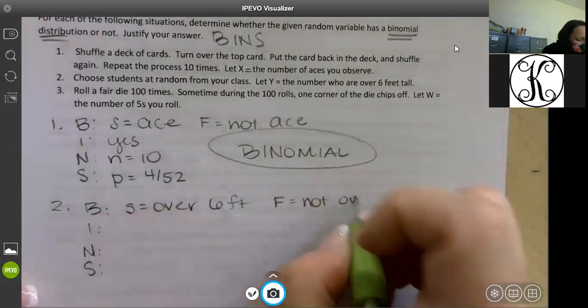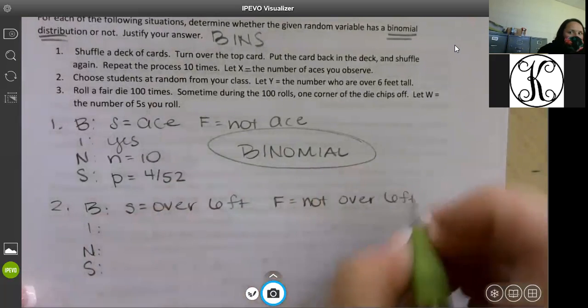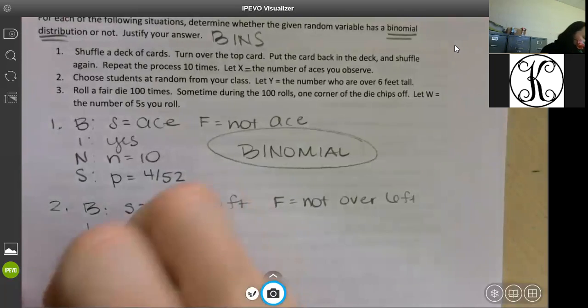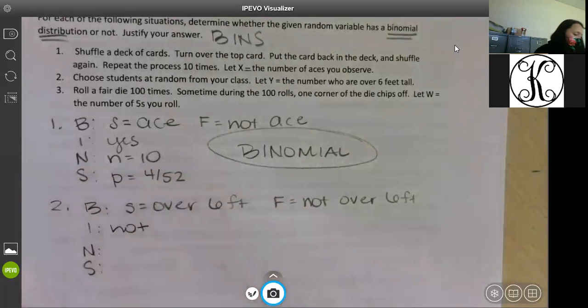Not over 6 feet. All right, what about independent? Think about it. You take one person out and then you take another one. So it is not independent. So it would fail there. So we already know it's not binomial, but we're going to keep working on it.